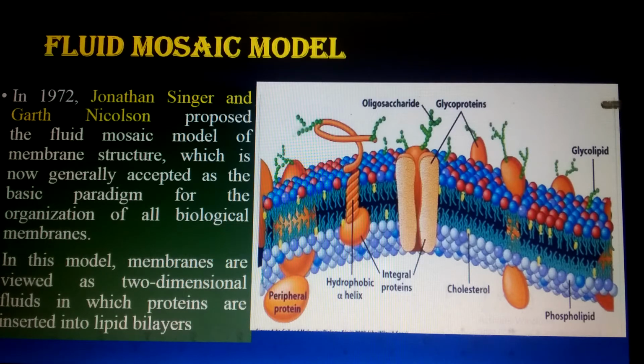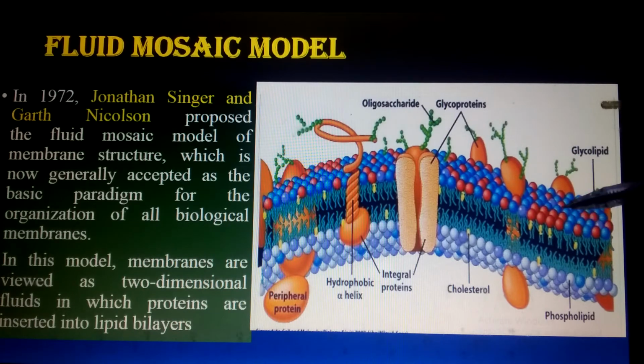So this is very important to understand why it is called the fluid mosaic model. The word fluid is derived from the fluidity. And this fluidity is because of the lipids, phospholipids. As we know that the cell membrane is made up of lipids, lipid bilayer.